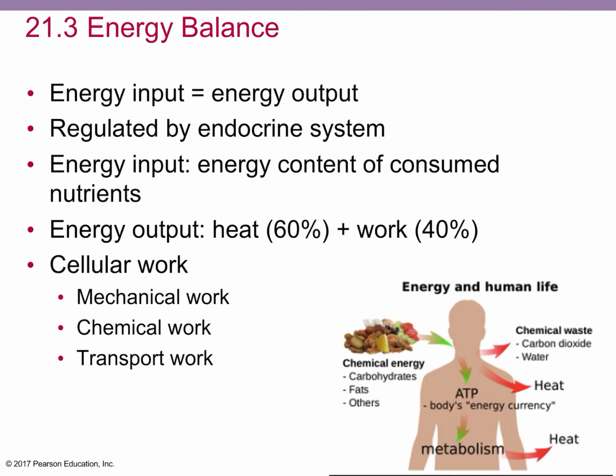If you have an energy balance throughout the day, where the energy that you take in, in the form of calories, equals the amount of energy that you put out during the day, then you have something called energy balance, and you neither gain weight nor lose weight. You maintain your weight. This energy balance is controlled a lot by your endocrine system, so we'll talk about different hormones. Again, energy input is just the consumed nutrients that you eat, and then the output is broken into heat and also work.